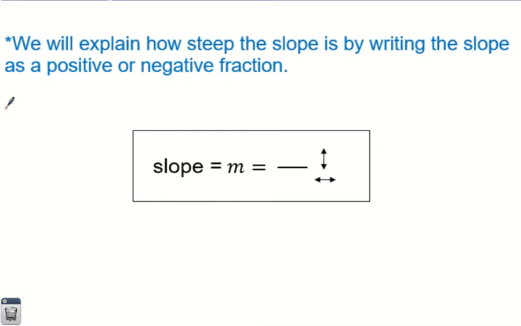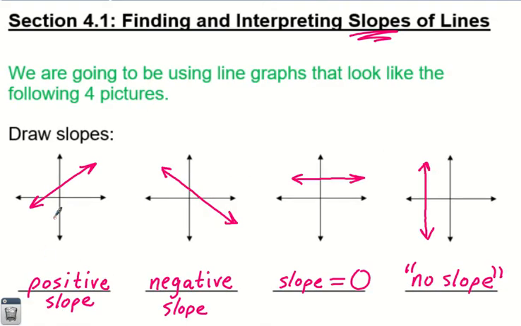So, in order to discuss how steep a line is, in other words, the slope of a line, it all basically boils down to a comparison between how much rise there is, how much we go up or down, compared with how far we go forward, okay? So it's a ratio of vertical change compared with horizontal change.